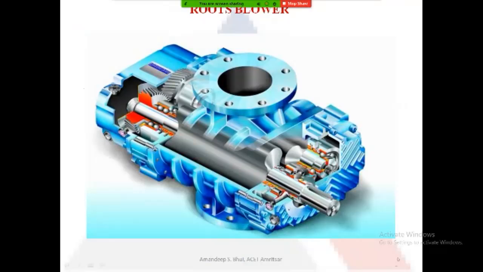So this is the driver, and at the back you can see two helical gears. With the help of these gears, if one rotates in the clockwise direction, the other will rotate in the anti-clockwise direction. So one is the driver and the other is the driven. Now we will see how this type of compressor is used to compress air.